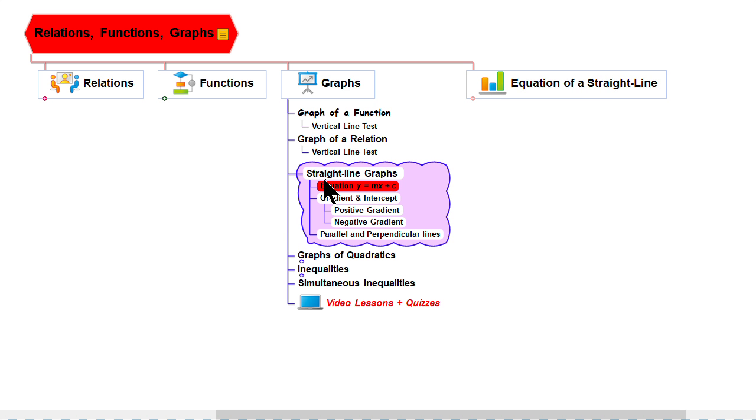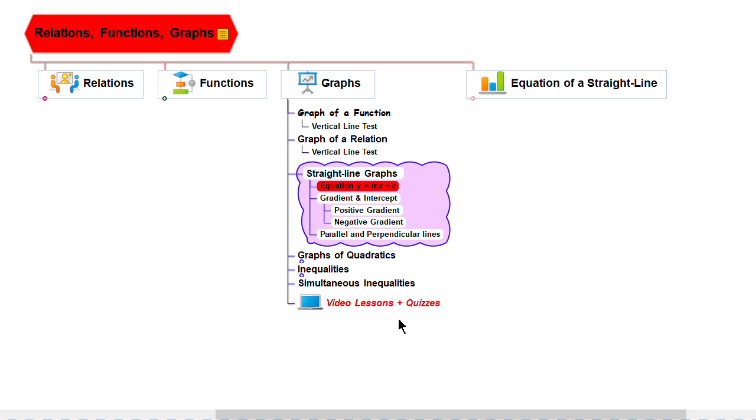The standard equation of a straight line is y equals mx plus c, so it's highlighted there. Now when you're creating your own mind map, you can highlight sections or branches. You can draw different shapes because as I mentioned earlier, your brain is wired to process information visually.